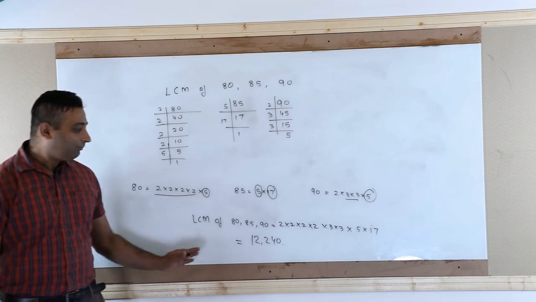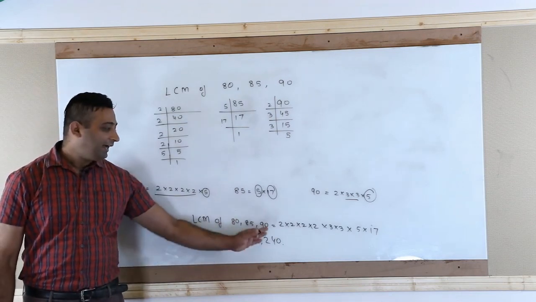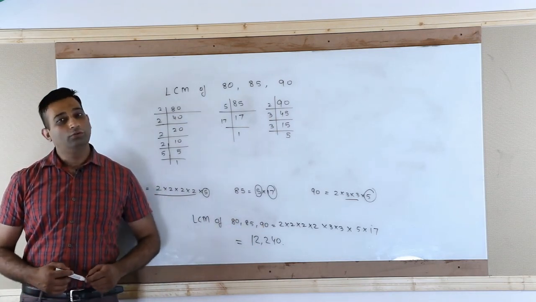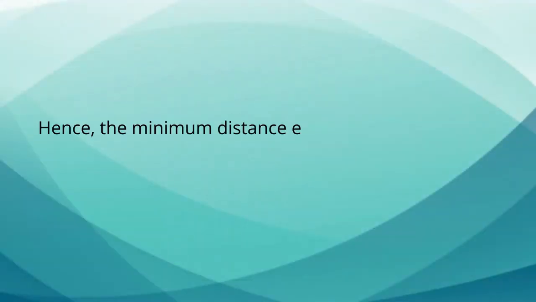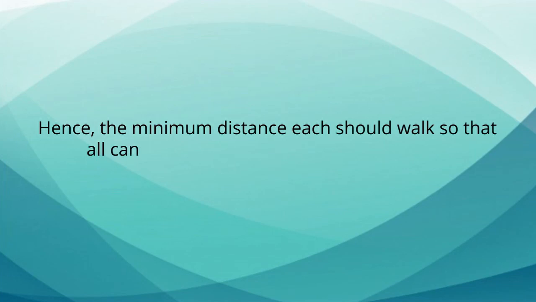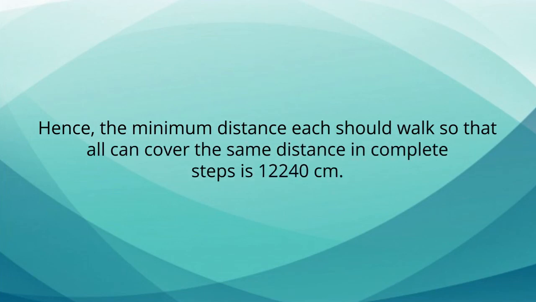Hence, the minimum distance each should walk so that all can cover the same distance in complete steps is 12240 centimeters.